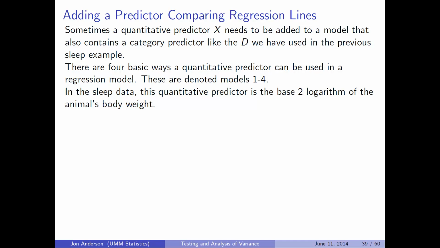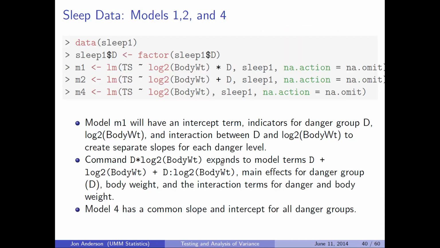We're going to call those models 1 to 4, and we'll look at their properties and how to test them. The example we're going to use for this investigation is the sleep data, where the base 2 logarithm of the body weight is X, and the D variable, the danger grouping, is the factor variable.